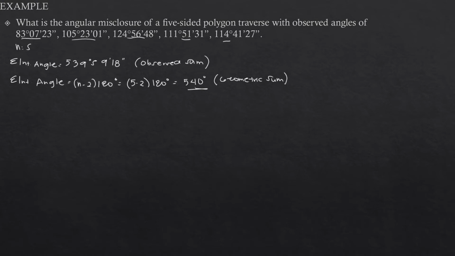So, hindi siya nag-close. Okay, so para makuha natin yon, yung angle misclosure natin is equal to yung observed sum minus yung geometric sum.